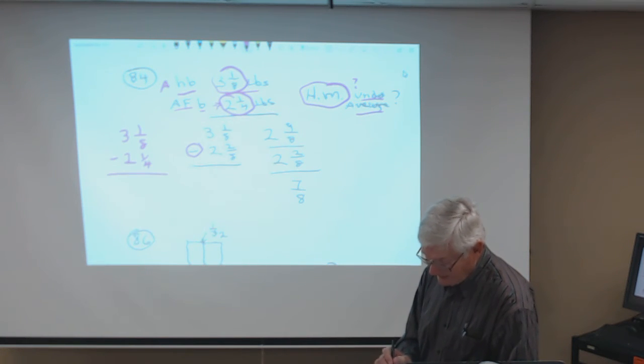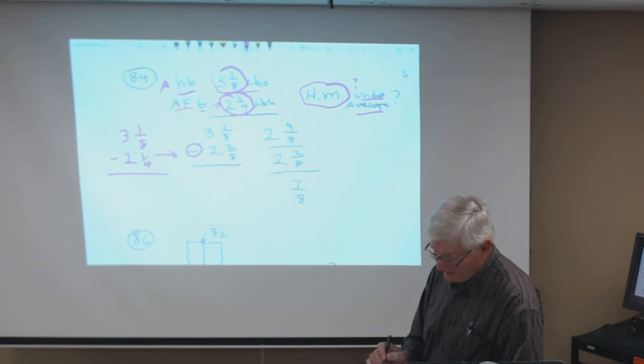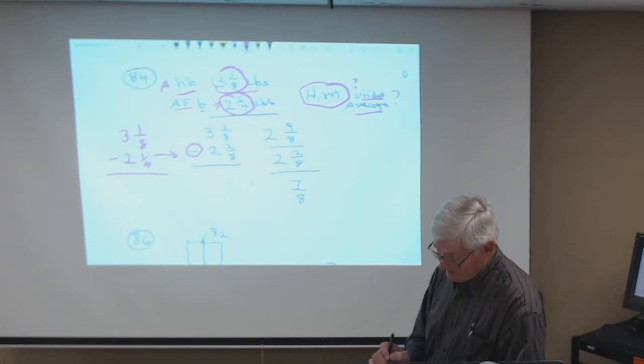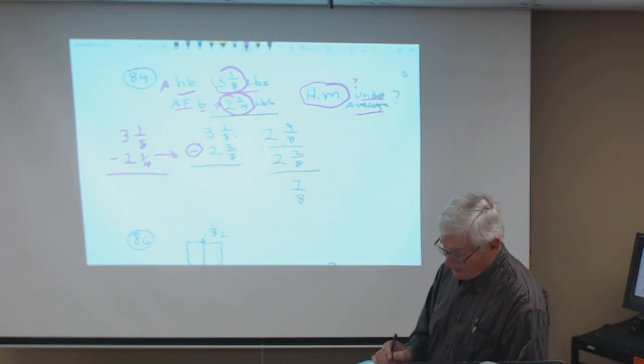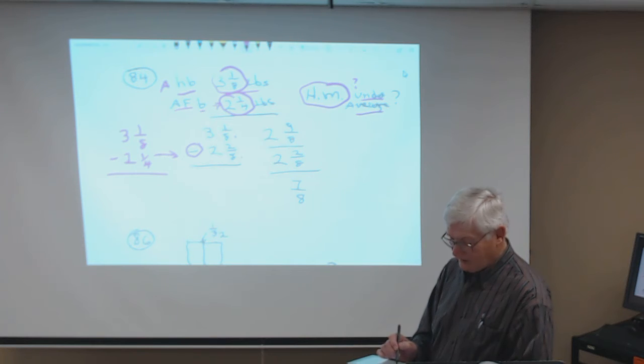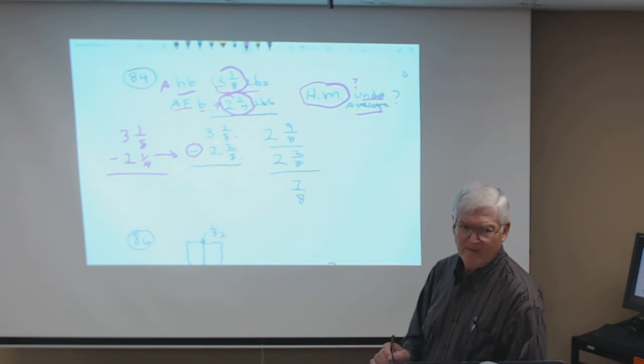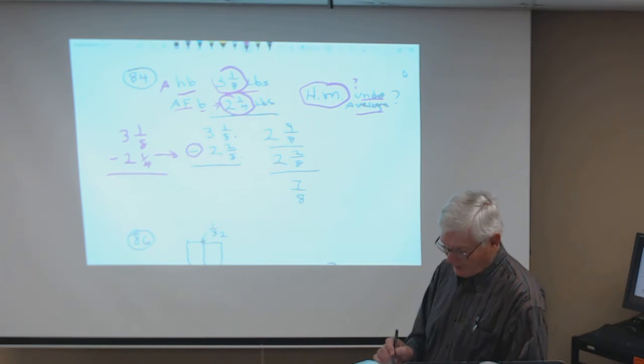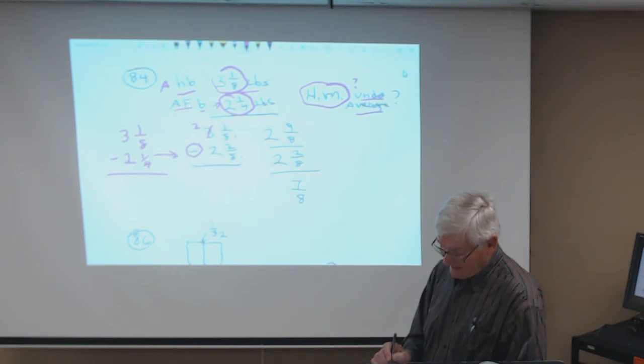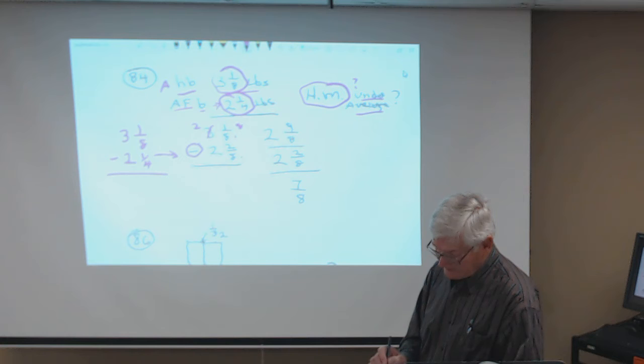But I change this to eighths, so now I have 3 1/8 minus 2 2/8, because 1/4 is 2/8. Now I've got common denominators. I can do the subtraction. 1 of these minus 2 of these. Can you subtract 2 from 1? No, you have to borrow. So this becomes 2. And then that means I have 8/8 plus 1/8.